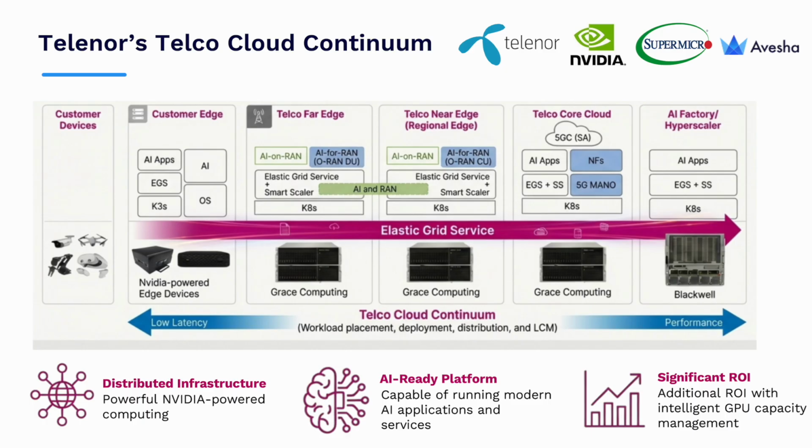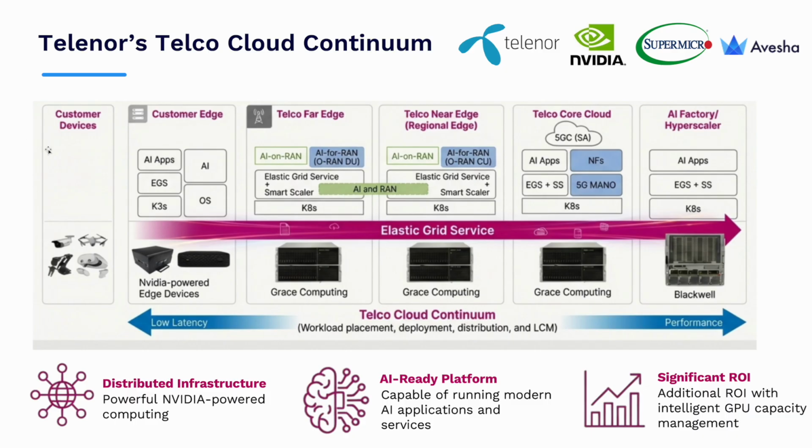The genesis of the idea came from Telenor's Advanced Research Lab, and in collaboration with NVIDIA and Supermicro, the infrastructure has been stood up and running in Telenor's lab, running Avesha software as well for the Elastic Grid Service. The general premise of this is to provide an AI-ready platform that works across this distributed infrastructure and provides that ROI from the compute.